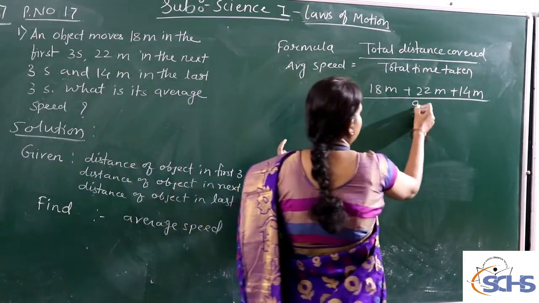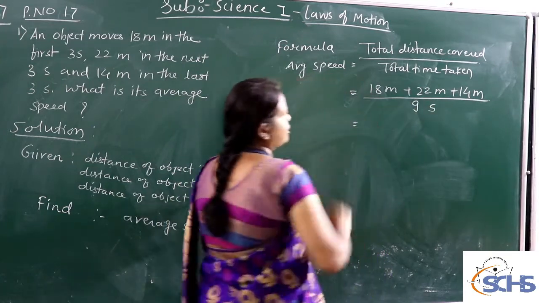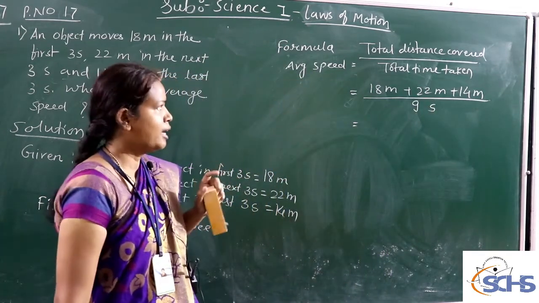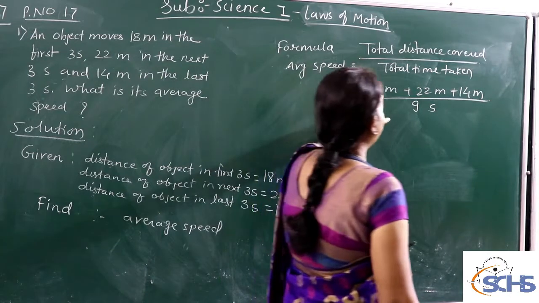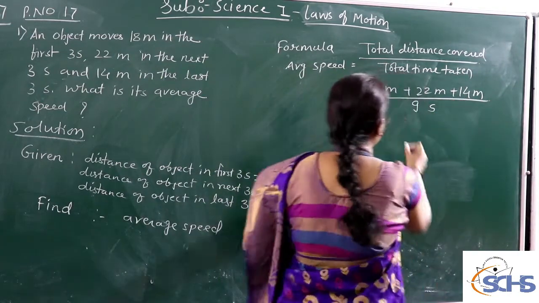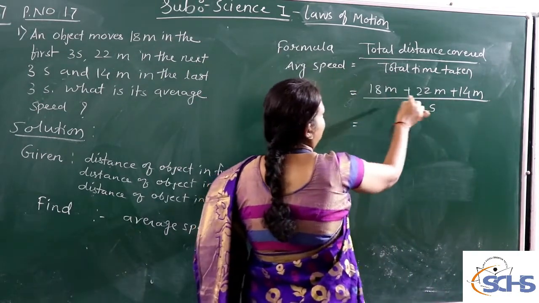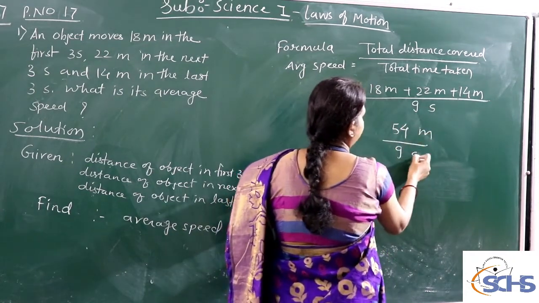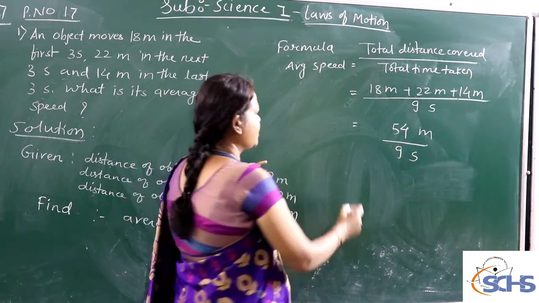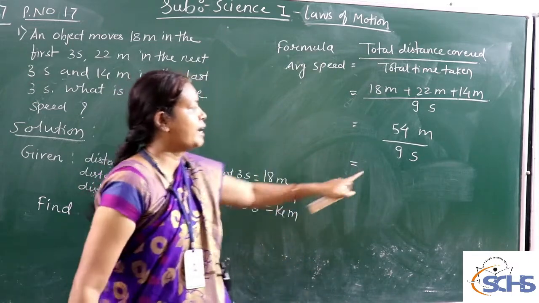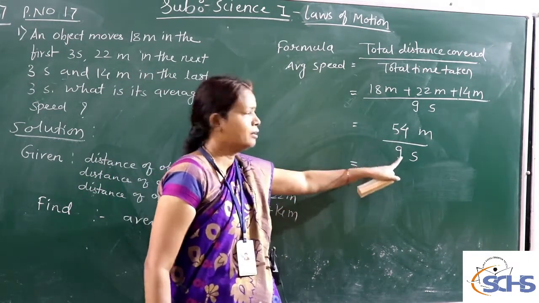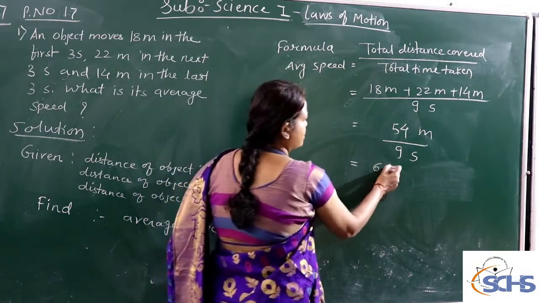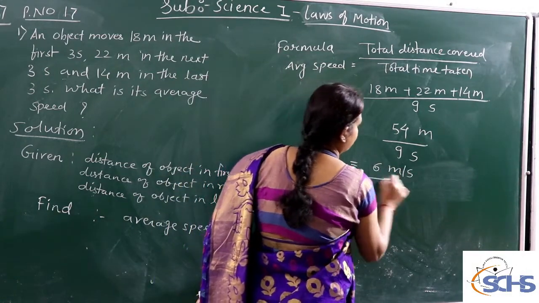So it becomes 9 seconds. Now we have to calculate: 18 plus 22 plus 14 is 54 meter upon 9 seconds. If you divide 54 by 9, it becomes 6 meter per second.